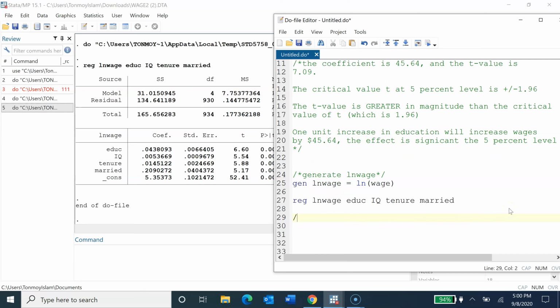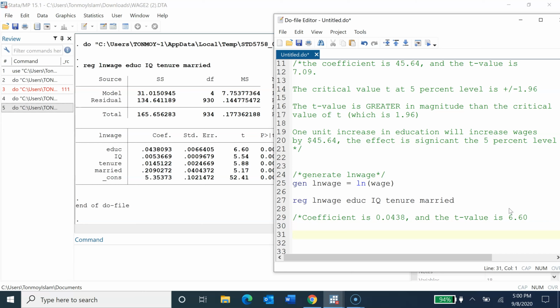Now our dependent variable is in natural logs, so we have to explain the coefficient in percent. We again look at it, the coefficient is 0.0438 for education, and the t-value is 6.60, which is definitely much larger than 1.96.